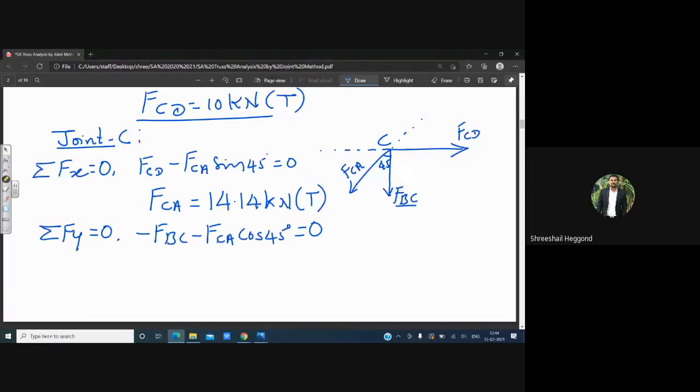FBC equals minus 10 kilonewton. And if it is a minus, then you need to write as 10 kilonewton in terms of compression zone.